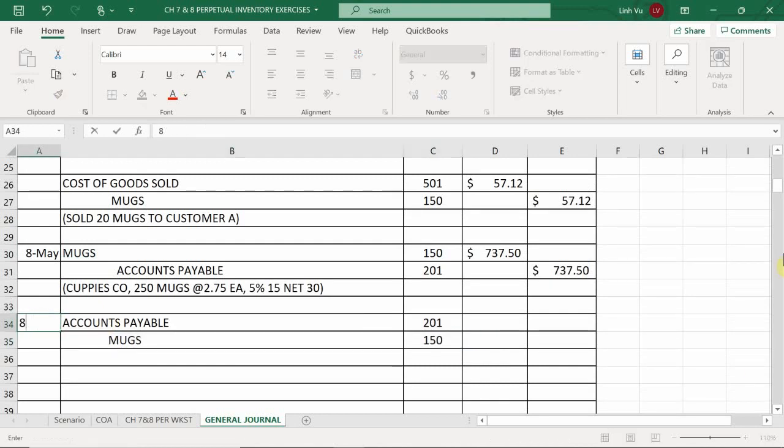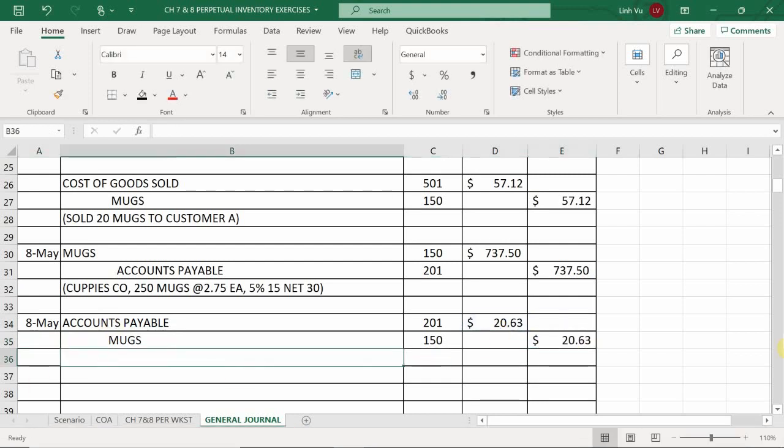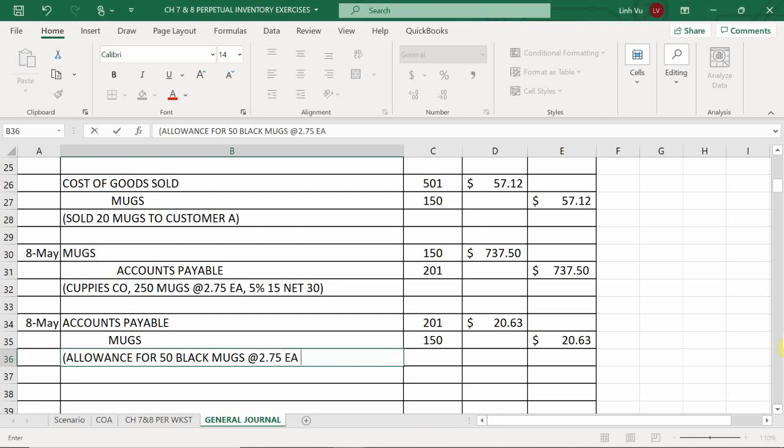It's still 5.8, and this time it was for $20.63. My note here is I got an allowance for 50 black mugs at $2.75 each for 15% discount.